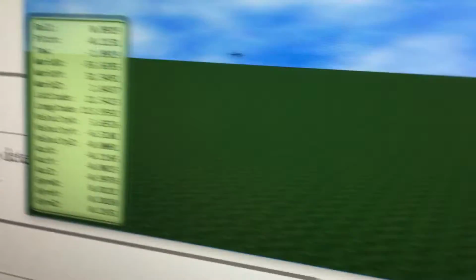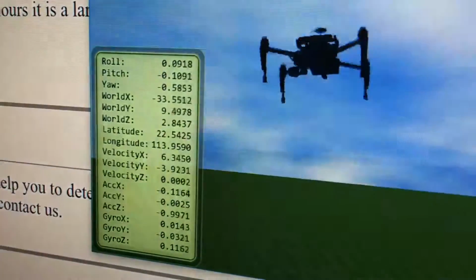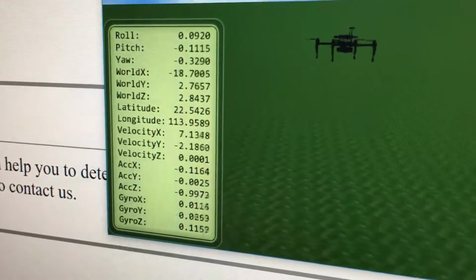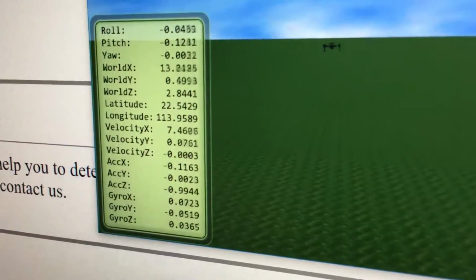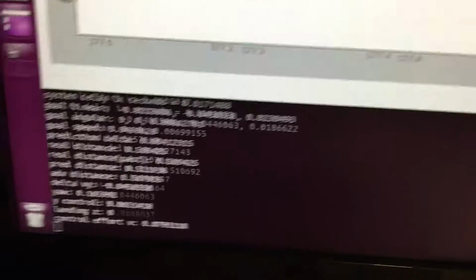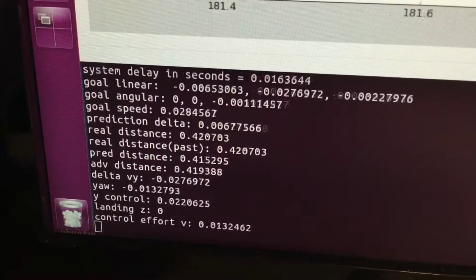Just to show you in the simulator, it is moving at about 7 meters per second. Now it's in the straightaway again, so I'll take a look at the error. Yep, and it's going down slowly.